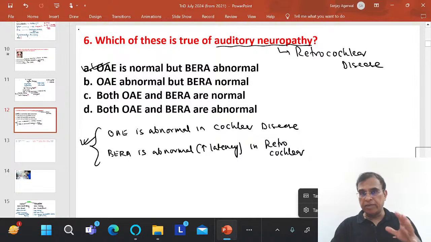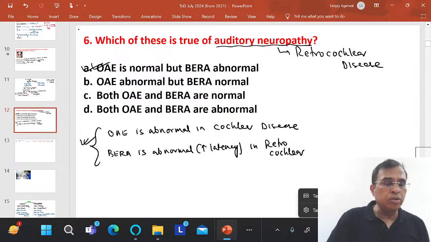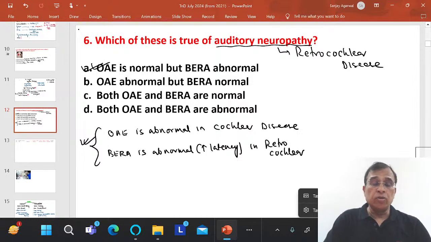Before I explain a little bit more about BERA, there are two statements I want to read. Aditi Goyal is saying that outer hair cells are normal, nerve involvement before BERA abnormal. I could not get what you are writing. Please reframe your sentence properly. And Vignesh says in history, the child can hear sound but does not understand speech.